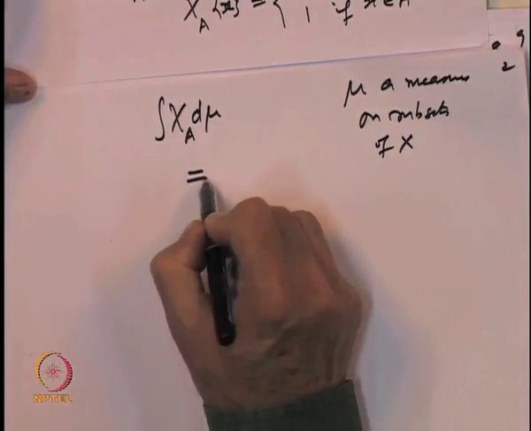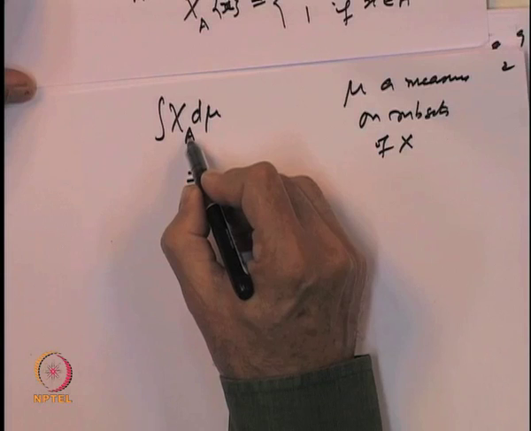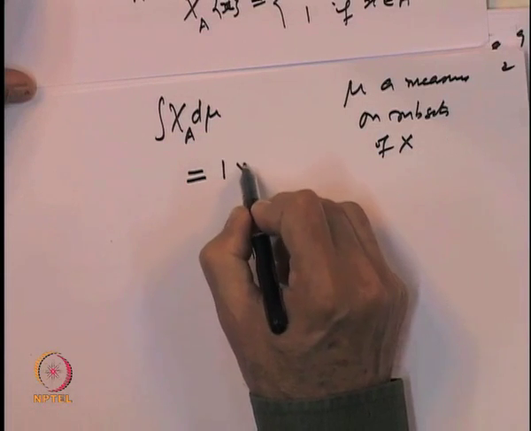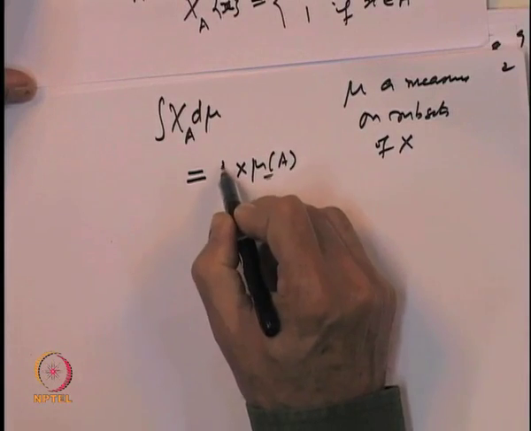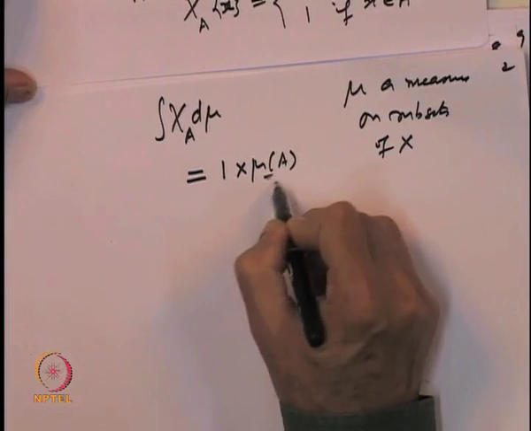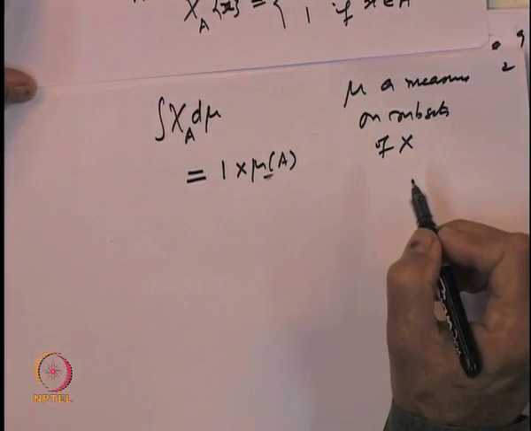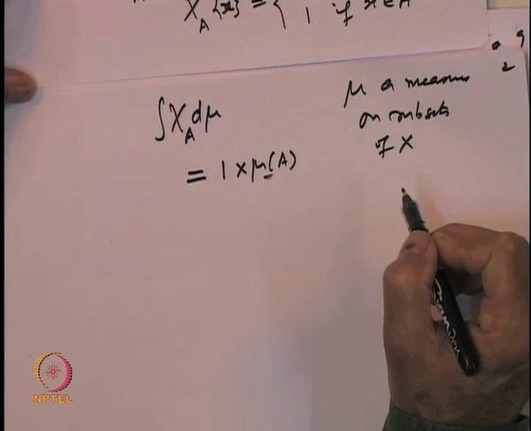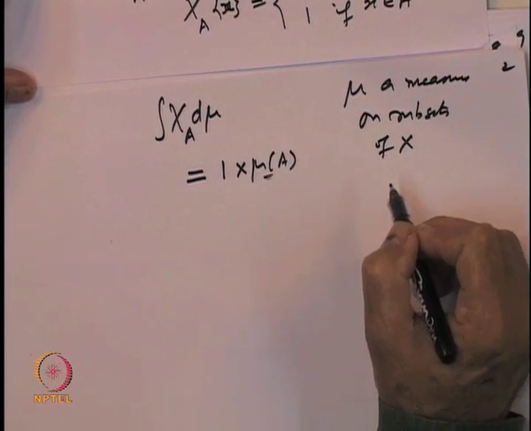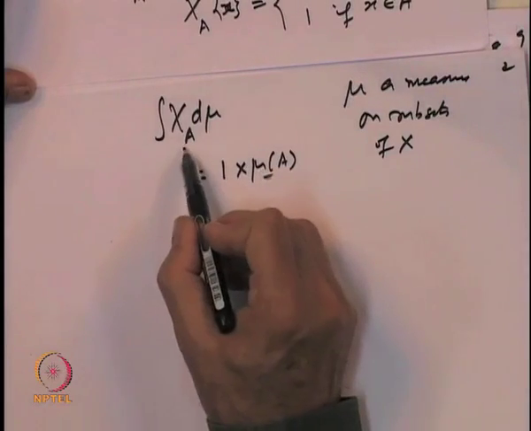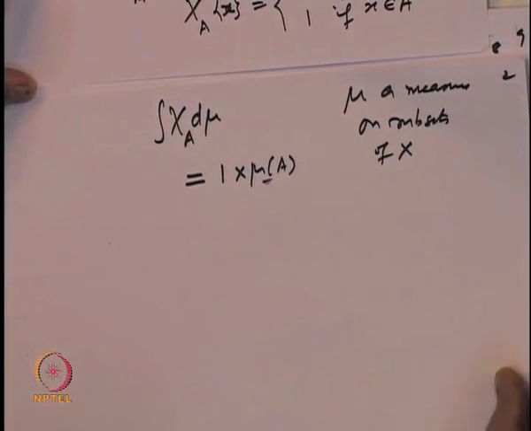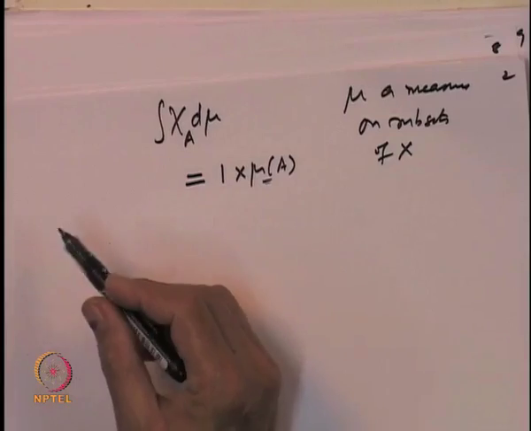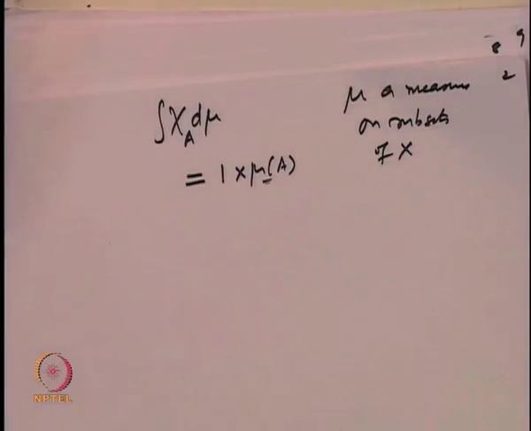On A the value is 1, so we would like to put it as 1 times mu of A. In some sense, mu of A is the size of the set and 1 is the height. So, this is in a sense the area below the graph of the function. So, let us look at functions which are going to be linear combinations of indicator functions. So, we start looking at the integral of non-negative simple measurable functions.